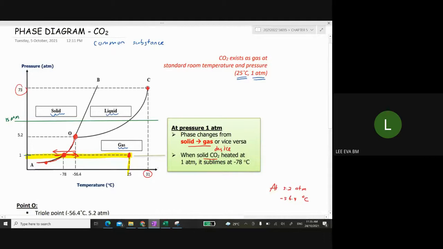Okay, tell me, what do you call this point? Madam gives a little hint because chapter 5.2 also mentioned this. We know that line OB refers to your melting process or your freezing process, so what would you call this point?